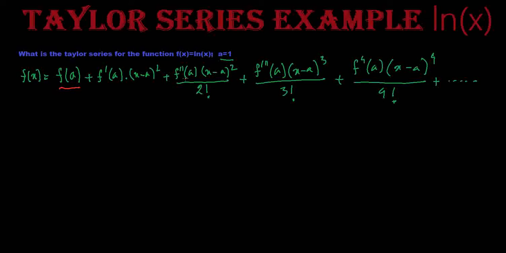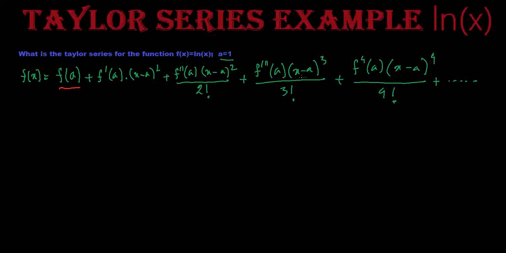Here in the third term we can see f double prime of a, so it is the second order differentiation of f of x. So f of x is differentiated twice, and x minus a has the power 2, and it is being divided by 2 factorial. Here f of x is differentiated thrice, x minus a has the power 3, and it is being divided by 3 factorial.